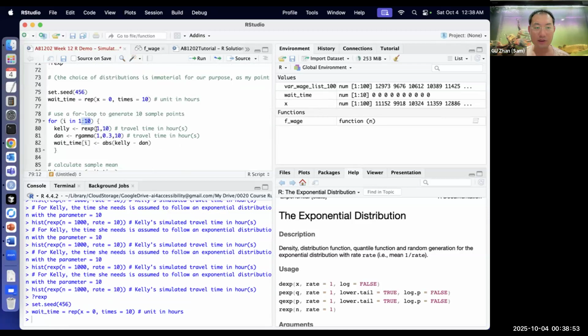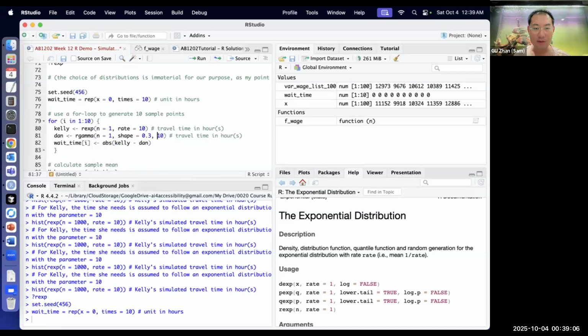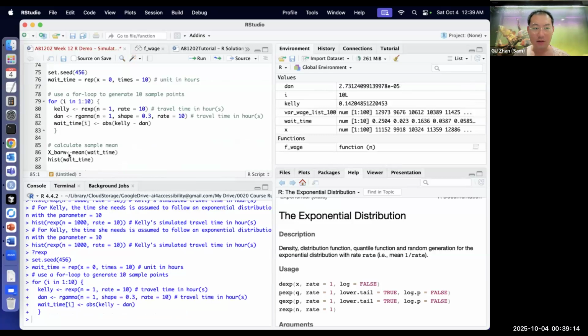For Kelly, we draw with n equal to 1 and rate equal to 10. It's always good to write all the parameters, shape and rate, with travel time in hours. Then the waiting time is the absolute value. Let's run it.